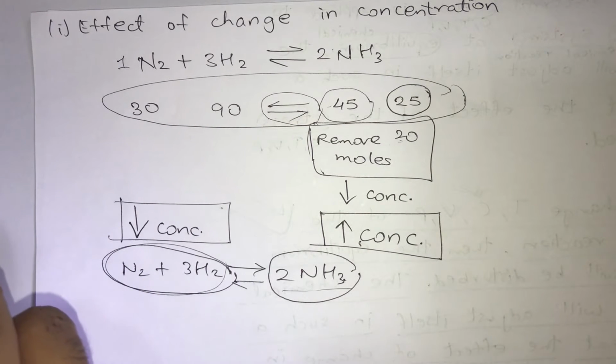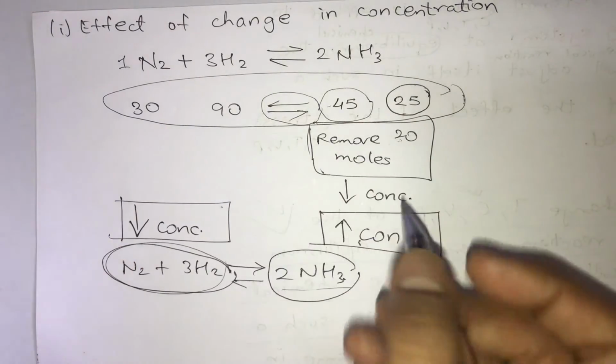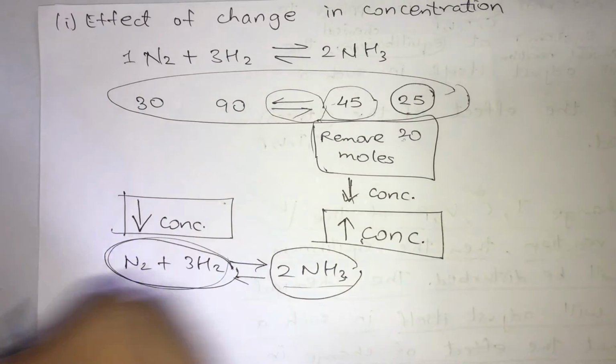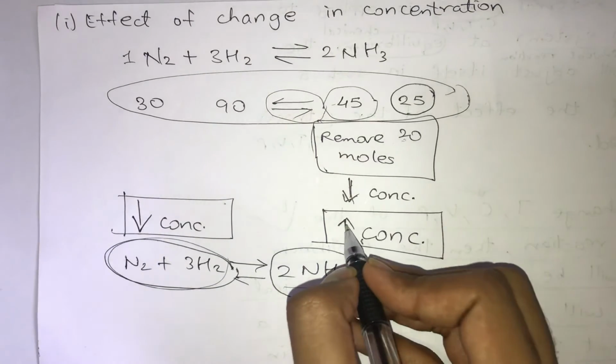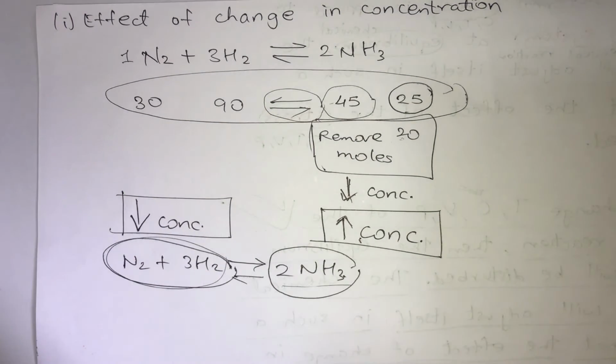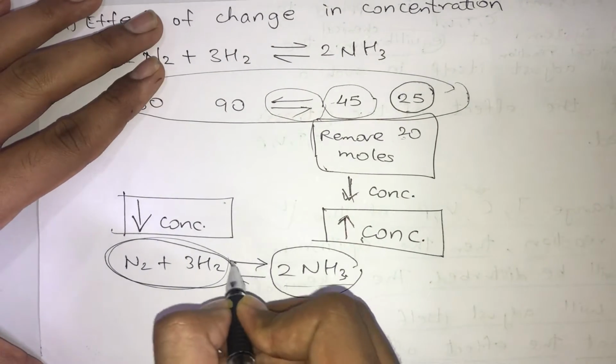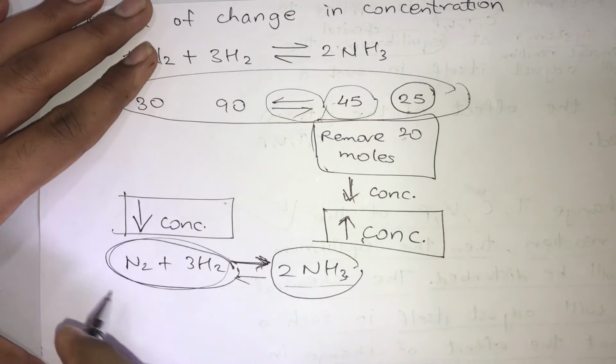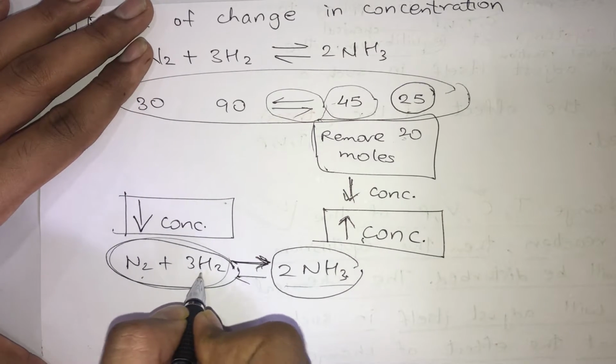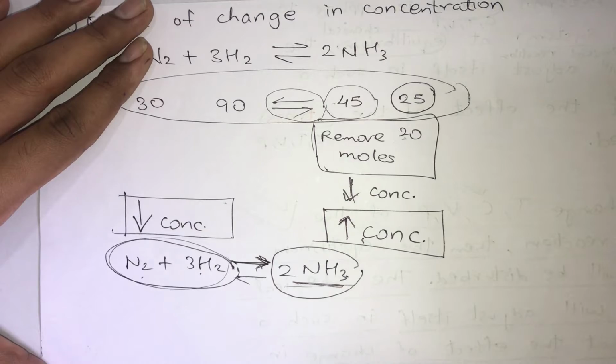Since you are decreasing the concentration, it will fight back and try to increase the concentration. Meanwhile, when it is increasing the concentration, can I say that the forward reaction is dominating, which means that the reactants are reacting with each other to give us products.